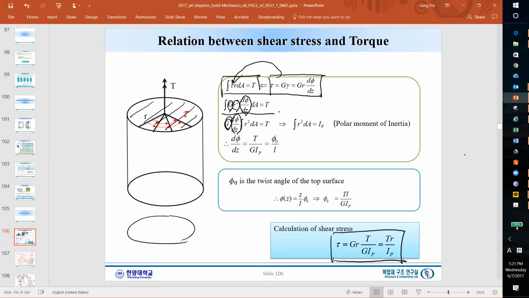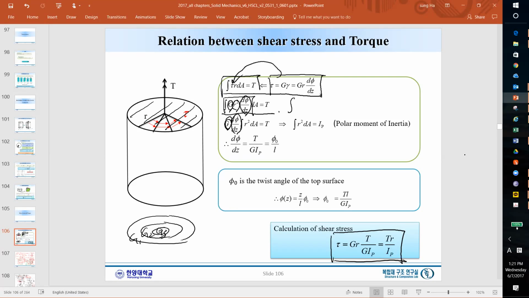But the shaft can have several different materials, say G1, G2, and G3. Then we need to have different integrations.